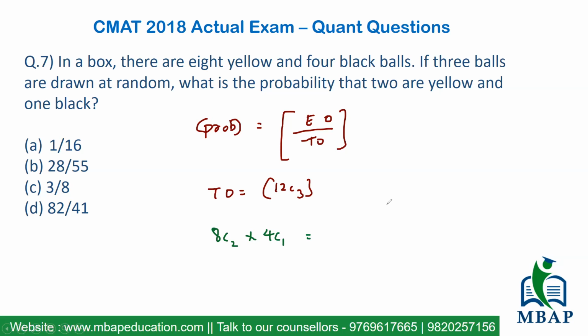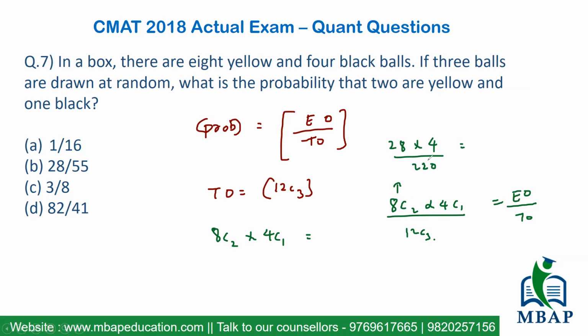So my final probability will be 8C2 into 4C1, which is my expected outcome, divided by the total outcome, which will be 12C3. The value of 8C2 will become 28. 4C1 will remain 4, and 12C3 will become 220.